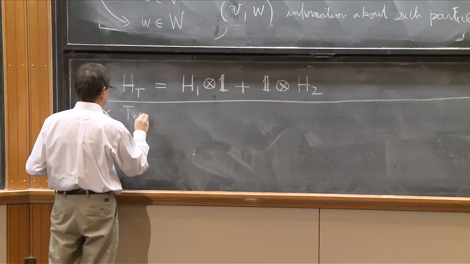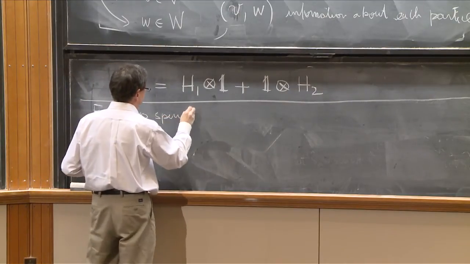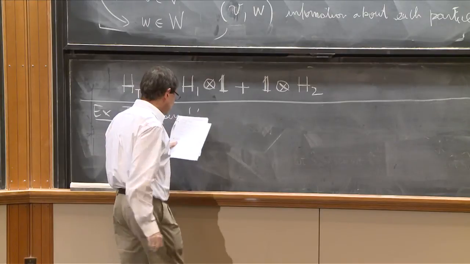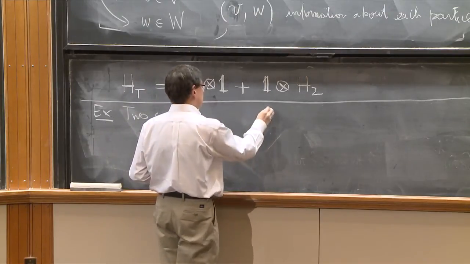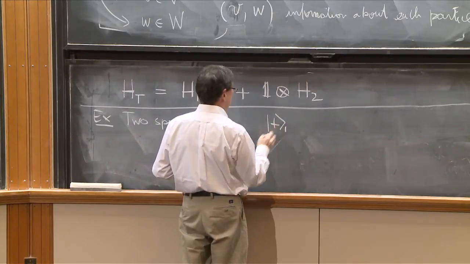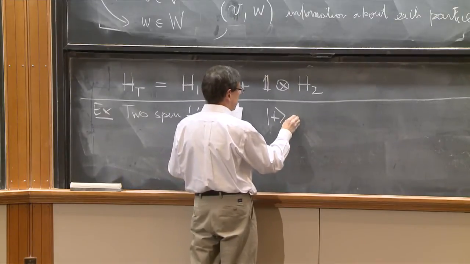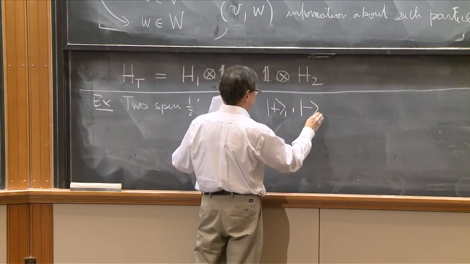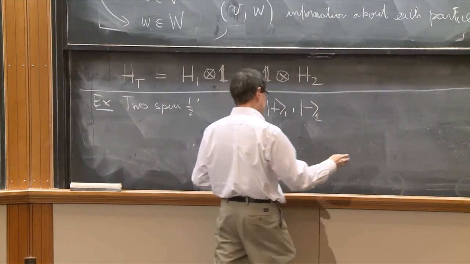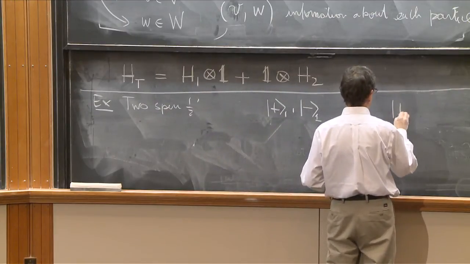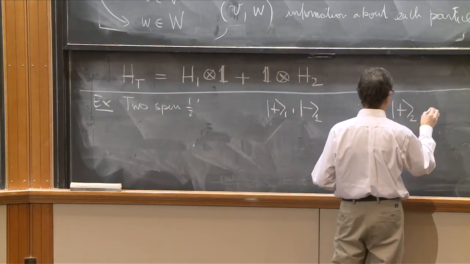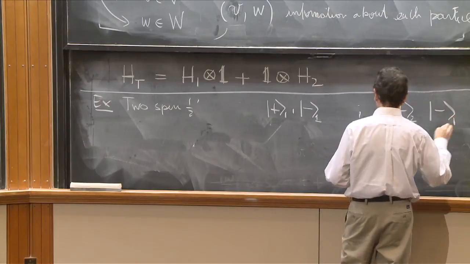The first particle has a state plus and a state minus. The second particle has a state plus and a state minus.